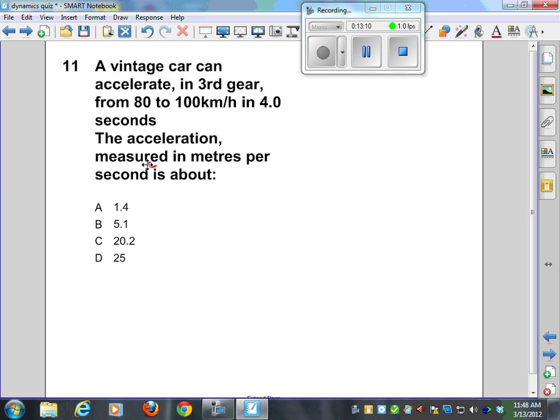No. What could I do, Mike? You could go 100 minus 80 is 20. The delta v is 20, and then convert that if you want. So Terry, take 20 divided by 3.6 for me, please. Convert it.